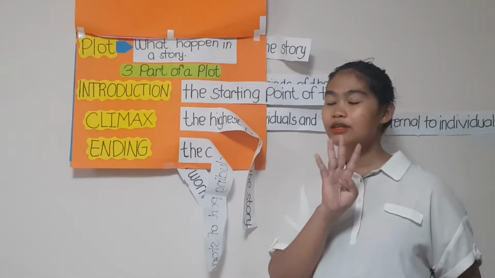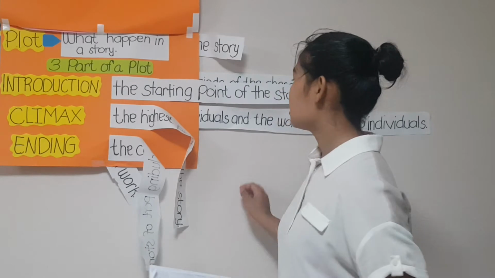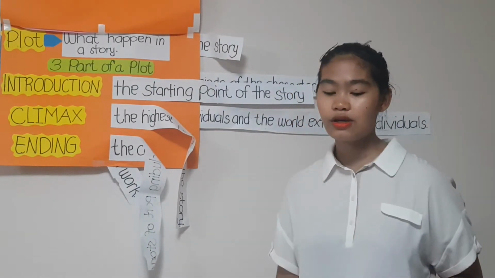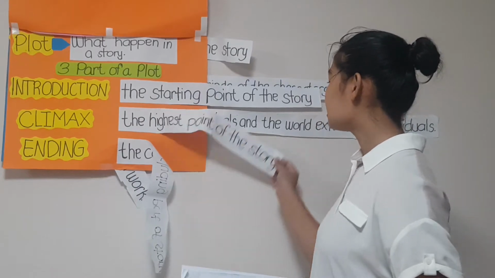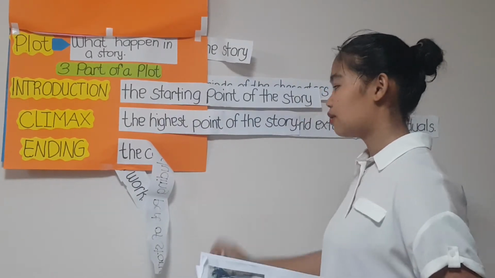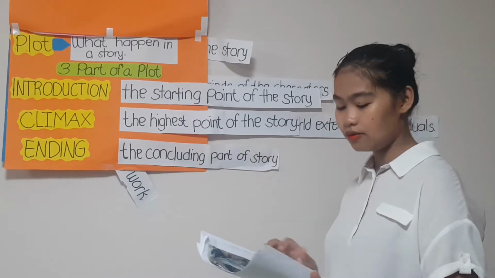So we have the three parts of a plot. We have the introduction, which is the starting point of the story. The climax is the highest point of the story. And the ending is the concluding part of the story.